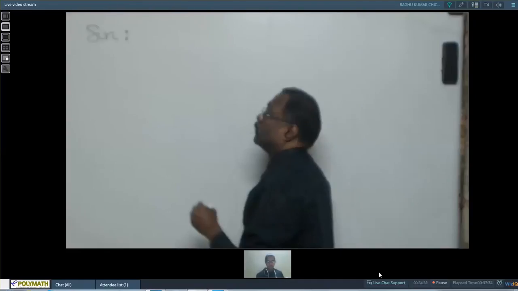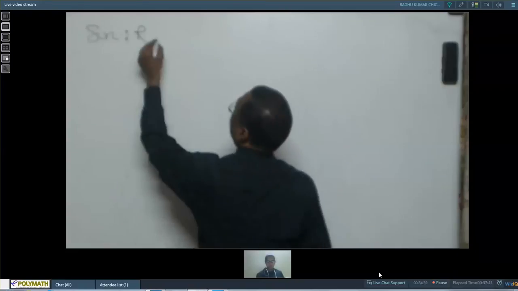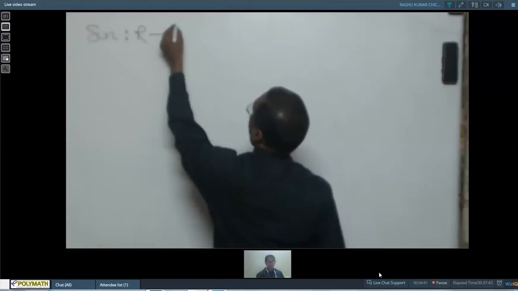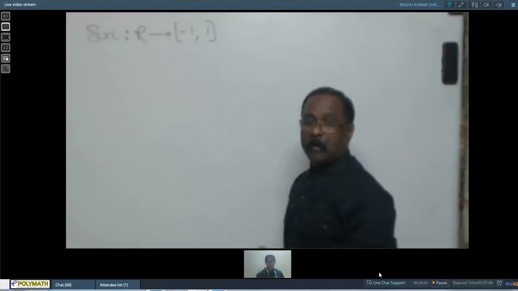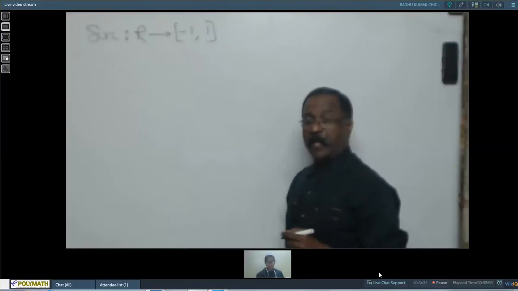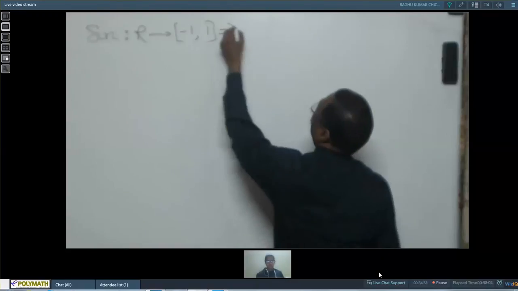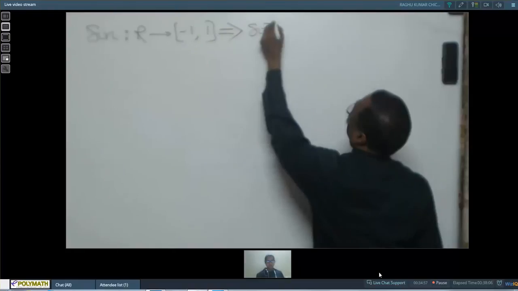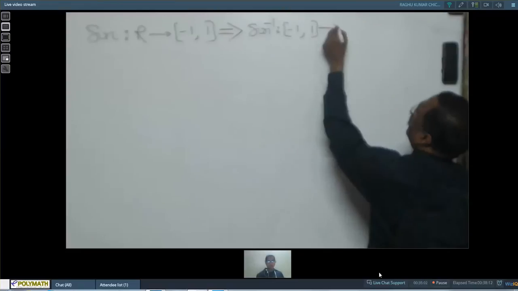its domain is the set of real numbers and its range is -1 to +1. If it has an inverse, it must be like this: sine inverse from -1 to +1 to the set of real numbers.